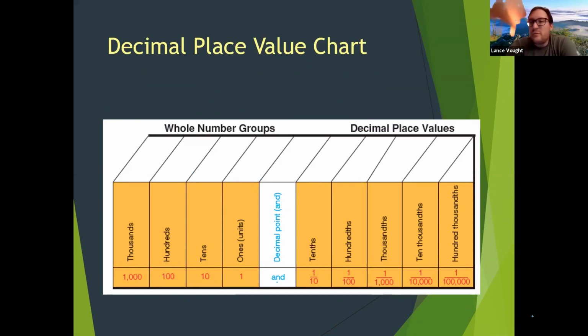And then every 3 digits you add a comma. So 10 millions, 100 millions, billions. 10 billions, 100 billions, trillions. 10 trillions, 100 trillions, quadrillions. 10 quadrillions, 100 quadrillions, quintillions.